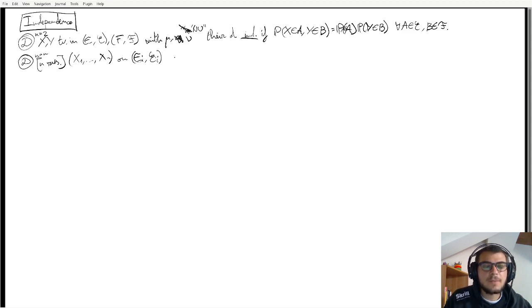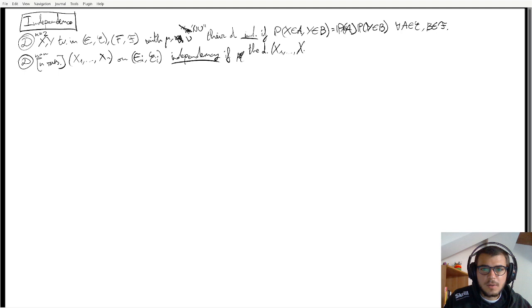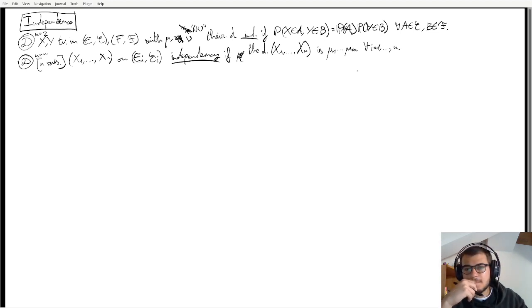Then we say they form an independency if the distribution of this random vector corresponds to the product of the individual distributions, so mu1 ... mu n, for each i from 1 to n, which is basically the same as above with more variables.